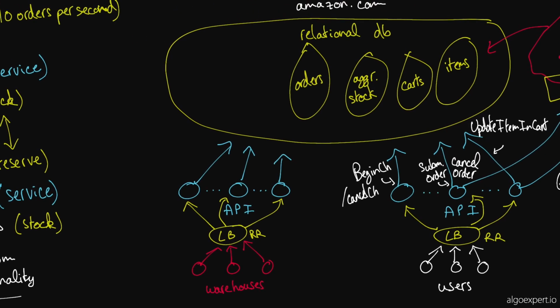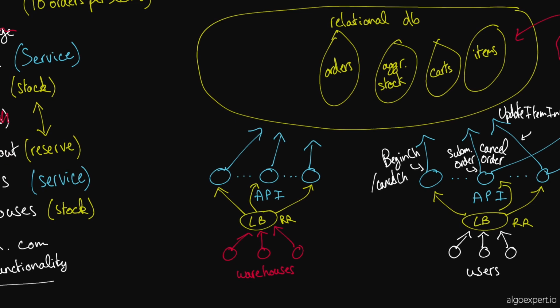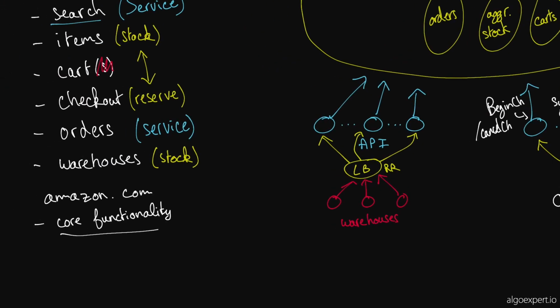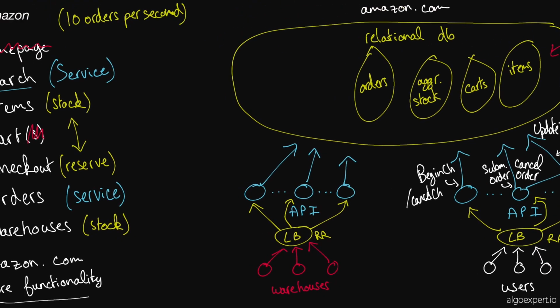For the warehouses, let's see. We have this service, right? The orders service, the order assignment service. So maybe I will write this up here in red. This will be the order assignment, so OA service.